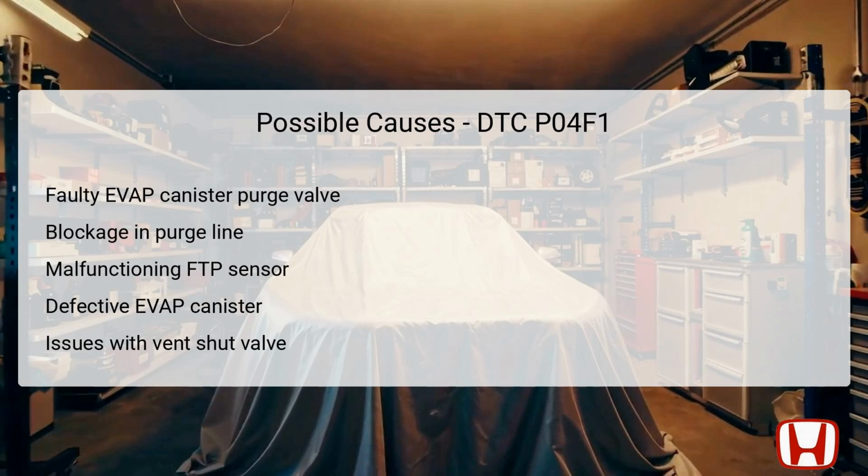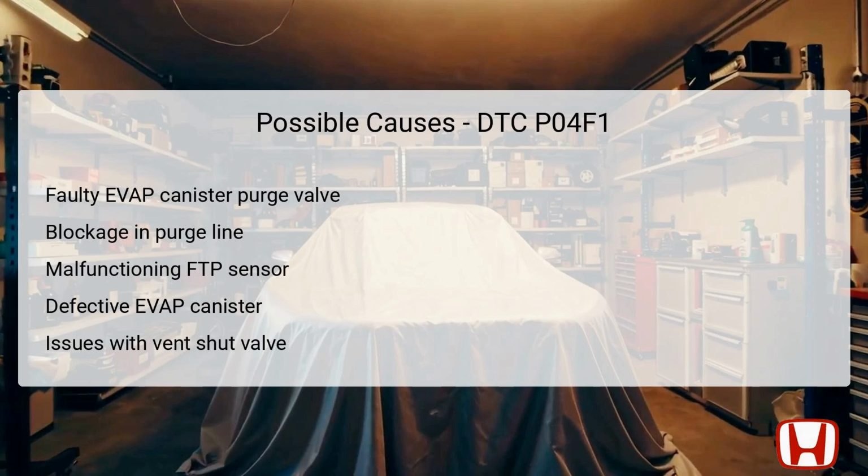Several reasons may lead to the triggering of DTC P04F1. A faulty EVAP canister purge valve might fail to open or close properly, disrupting the flow of fuel vapors. Blockages in the purge line can also cause similar symptoms, preventing vapors from entering the engine system. The FTP sensor may malfunction, inaccurately reporting pressure readings, thus causing the PCM to identify a problem.